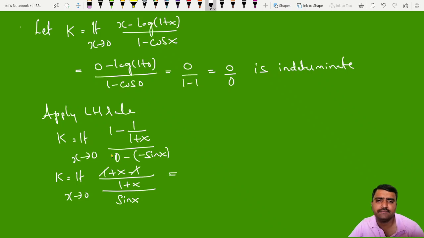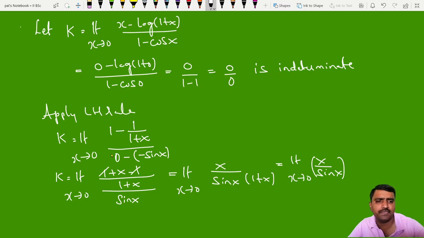Then we can write it as the limit as x tends to 0, remaining here is x by sin x into 1 plus x. So this can be written as the limit as x tends to 0 of x by sin x into, separately you apply the limit.